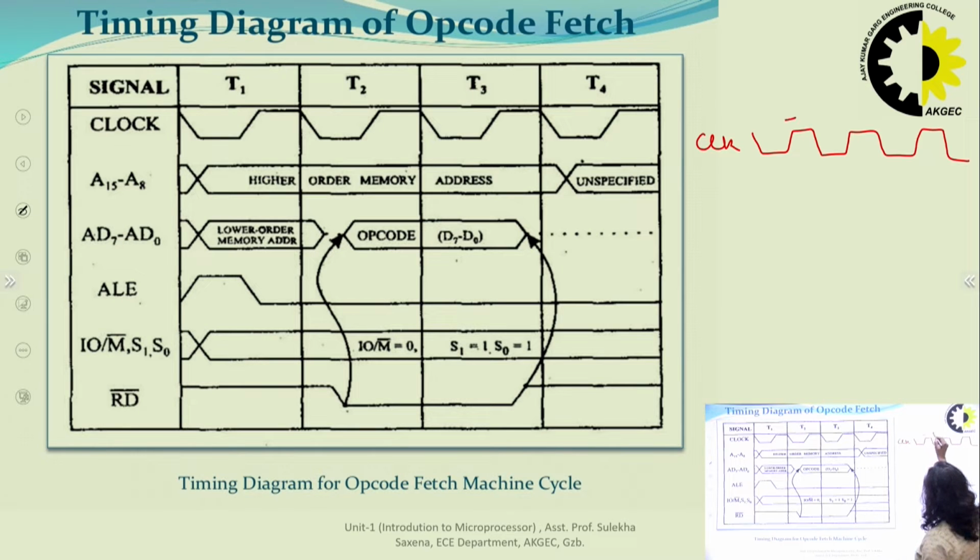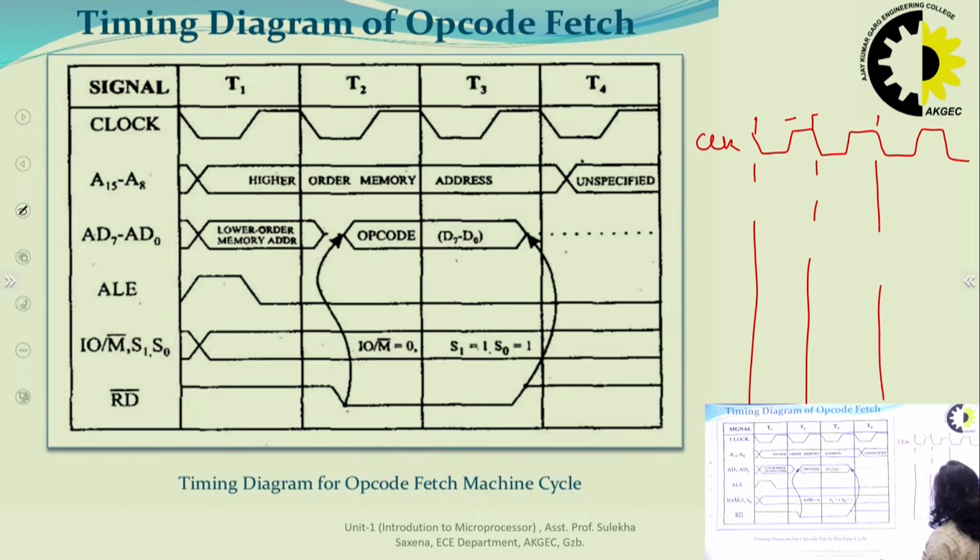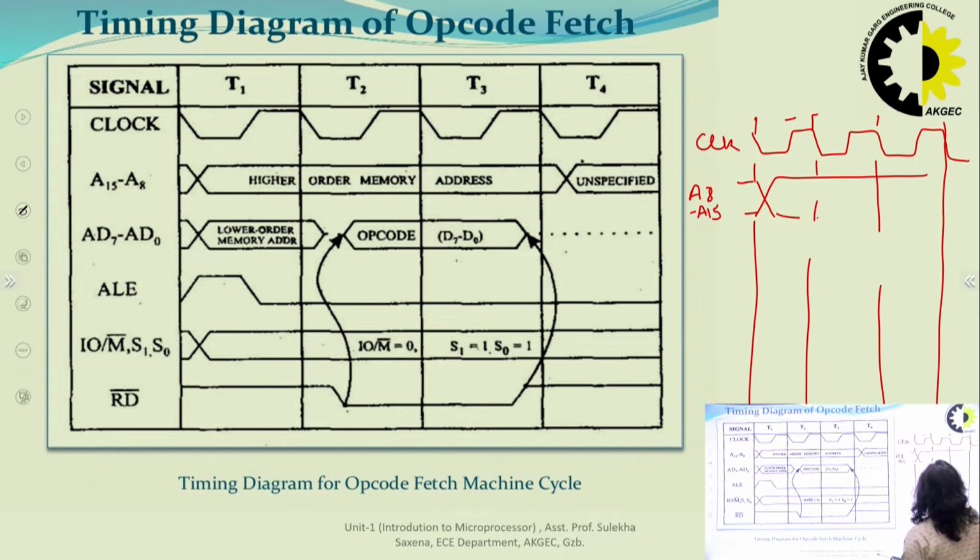So, this is one clock period, one timing, then second and so on. Now, what about buses? The high order address bus A8 to A15 requires at least 3 T states to load complete address bus. So, it requires T1 to T3 T states to load higher order address bus, that is A8 to A15.